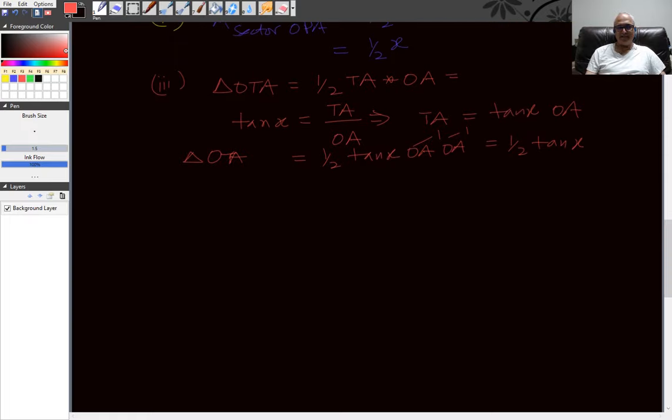Now let me magnify that area a little so that you see the relationship between these three things. So this is my circle. This is OA. This is A. This is the point P. And this is the triangle OPA.